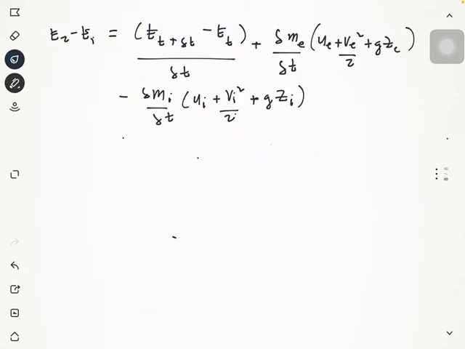Now, the differential of work with respect to time is equivalent to the work of the control volume plus the flow work.